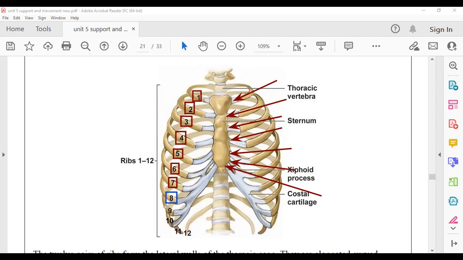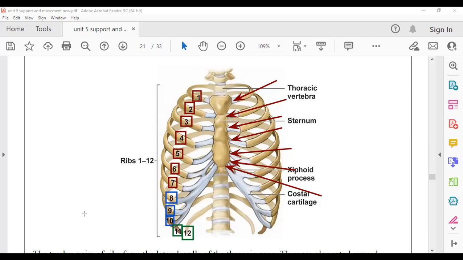The next three ribs use the 6th and 7th rib articulation points and the costal cartilages, and they also indirectly join the sternum, correct? So they are called false ribs. The 11th and 12th ones don't bind themselves to the sternum.